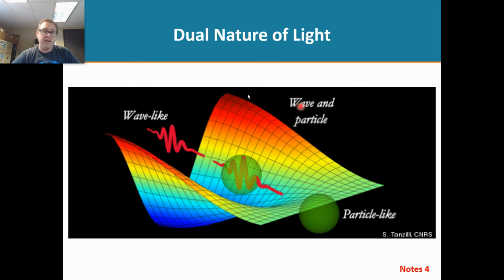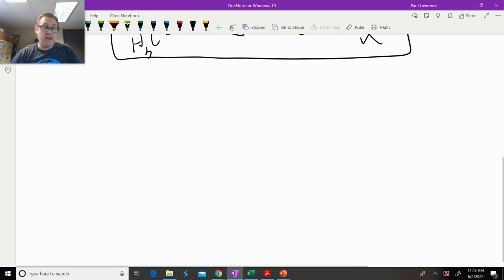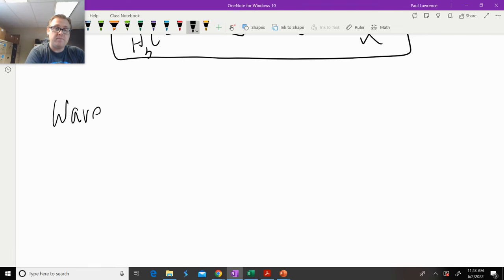And depending on how you're looking at light determines which equations you use to describe light. So I want to do a crash course of that with you because it's really important.